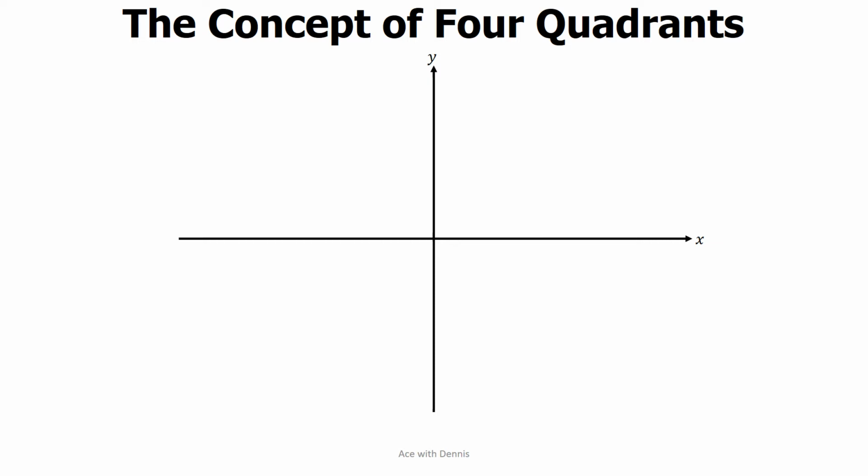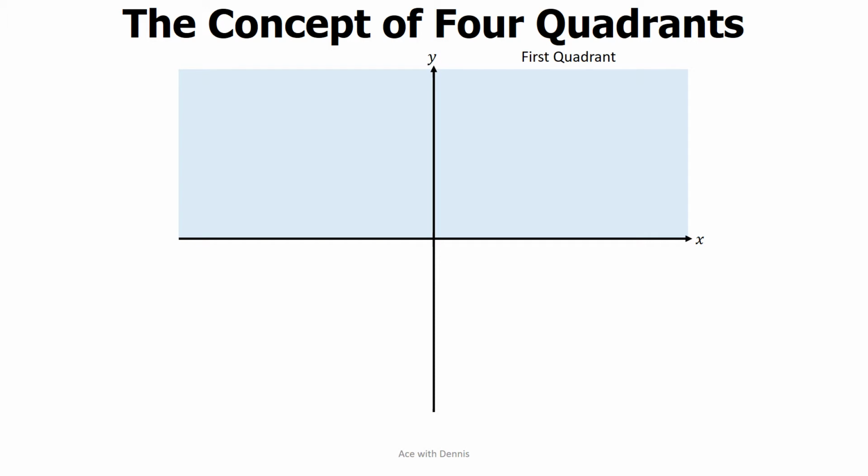We can label this diagram into 4 parts. This region is named the first quadrant, where the values of x and y are positive.